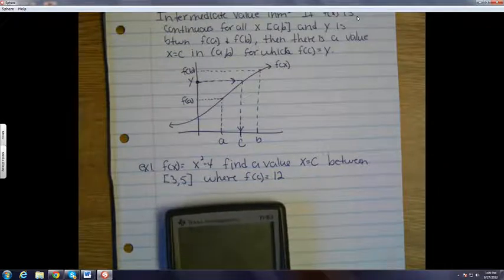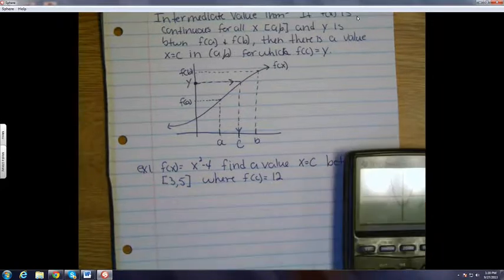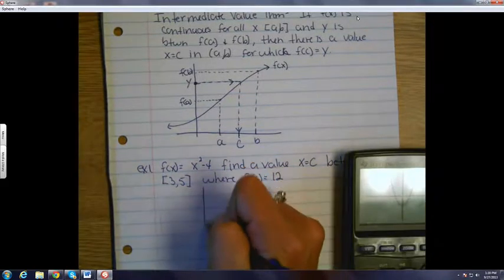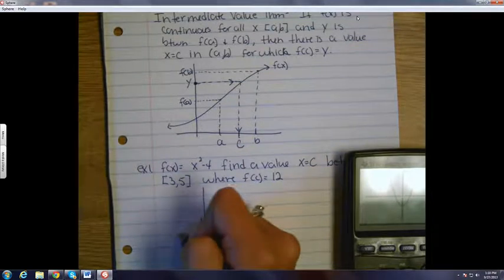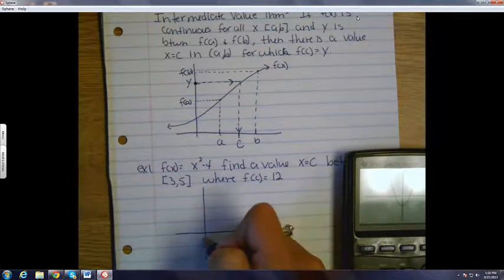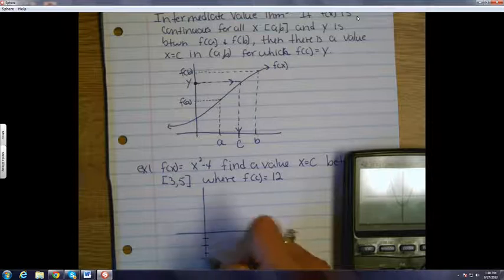Alright. So we've got x squared minus 4. Hopefully you know that's a parabola opening upward, slid down 4. So we'll go window, nope, zoom 6, and there it is. So, the graph.